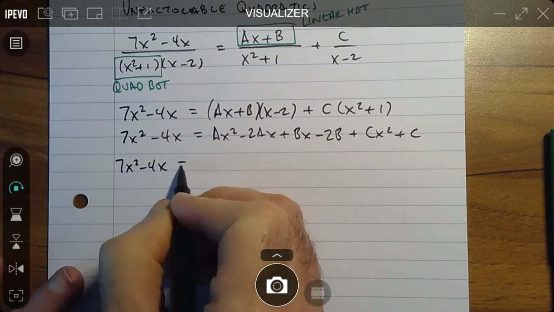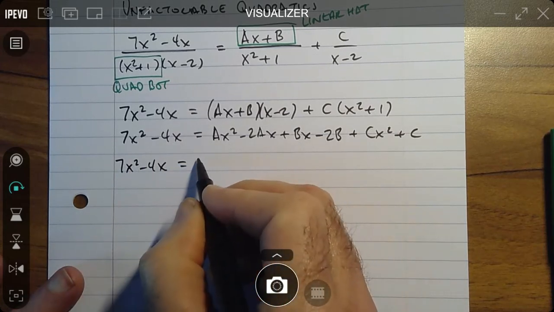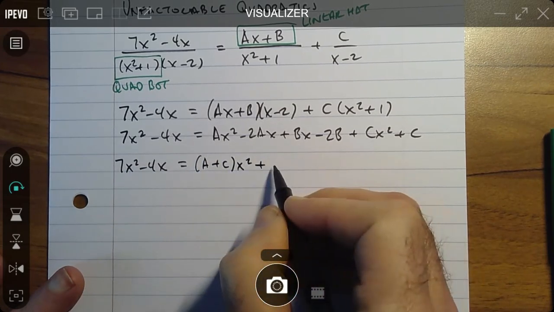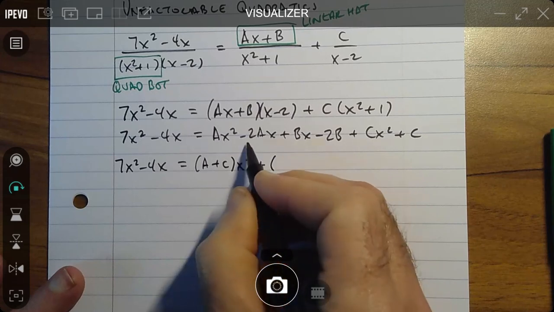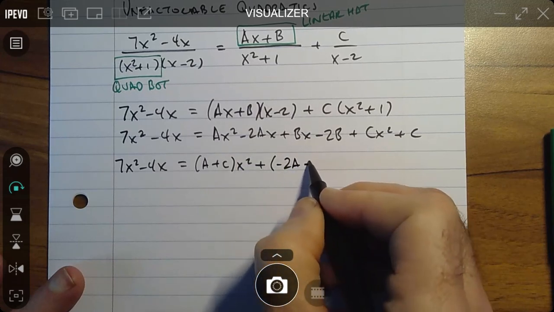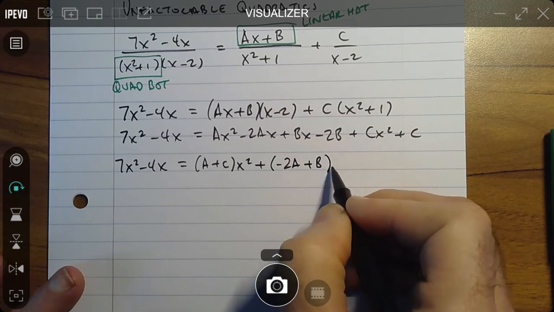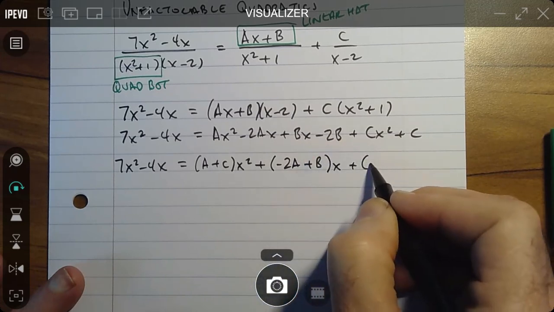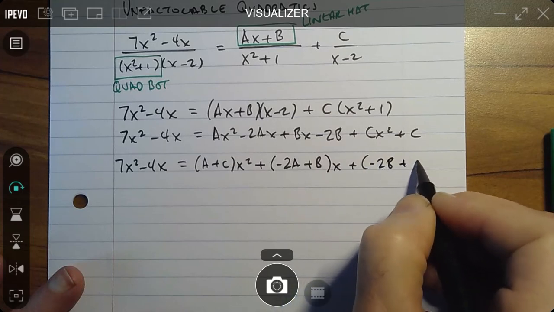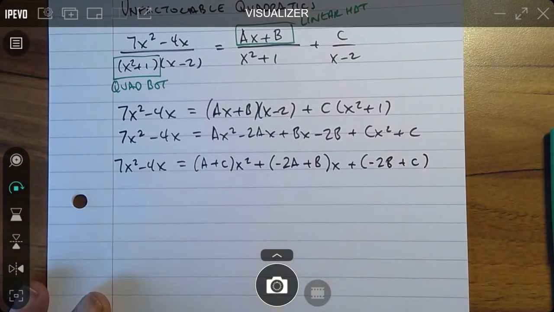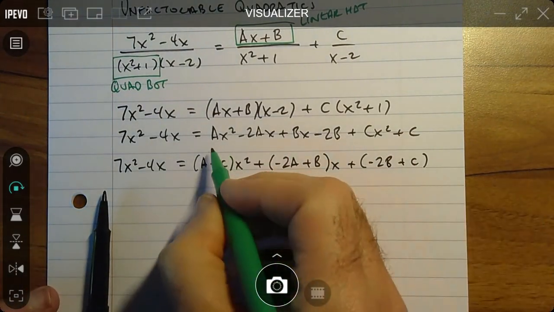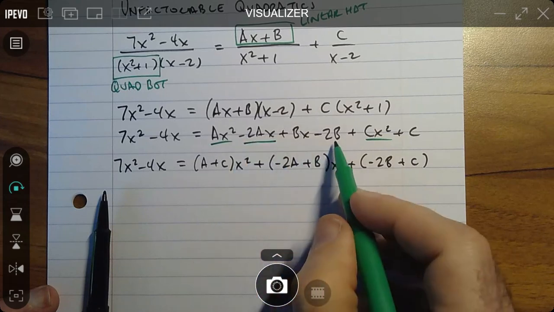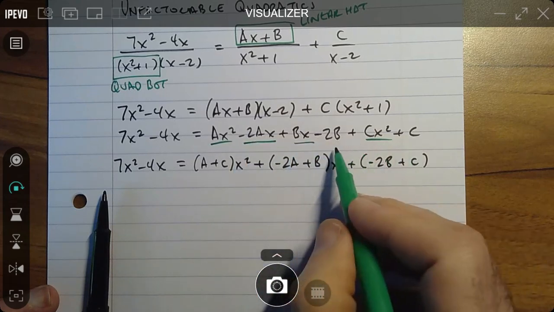And then we need to clean it up. Where are my x squareds? I have a plus c x squareds. Where are my x's? I have negative 2a plus b x's. And where's my constants? I have the opposite of 2b plus c as my constant. Let's double check. It's no fun when you get things wrong. That's good, that's good, and that's good.